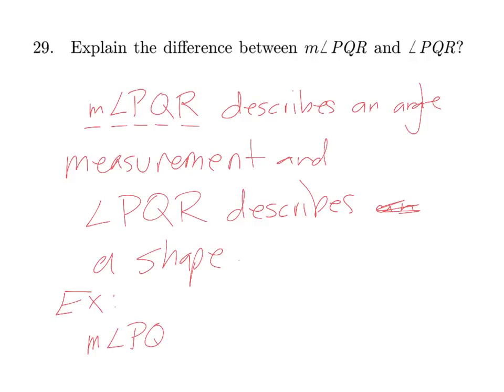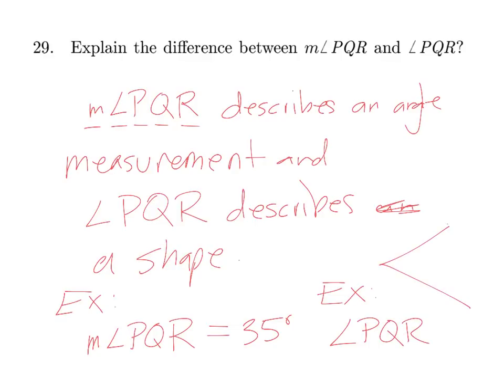Measurement of angle PQR, whenever you see something stated like this, you would set it equal to a numerical value, for example, like 35 degrees. And then here's another example. If you see this type of notation, angle PQR, then that is referring to a picture. Okay. So one has to do with the numerical quantity, and the other has to do with a shape, a visual reference.